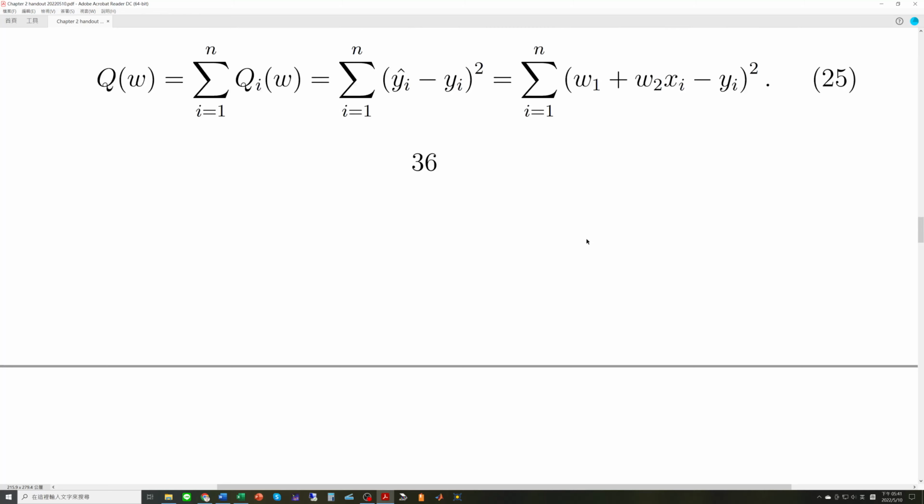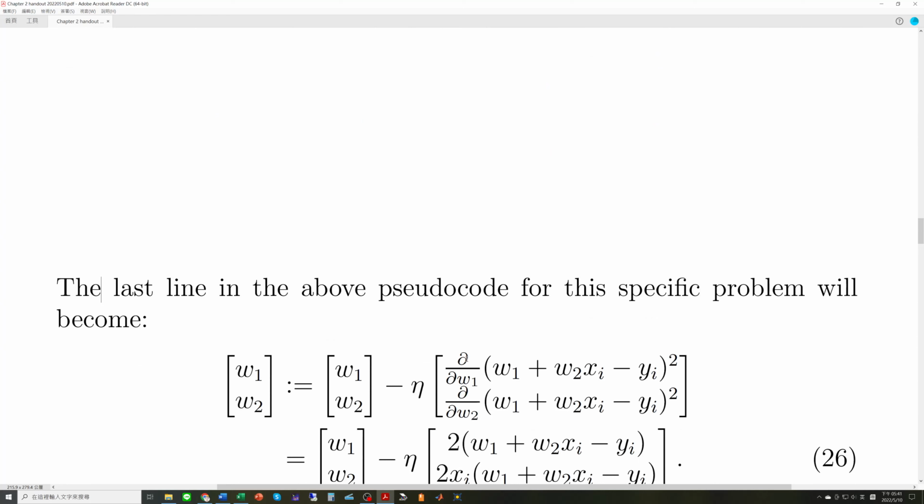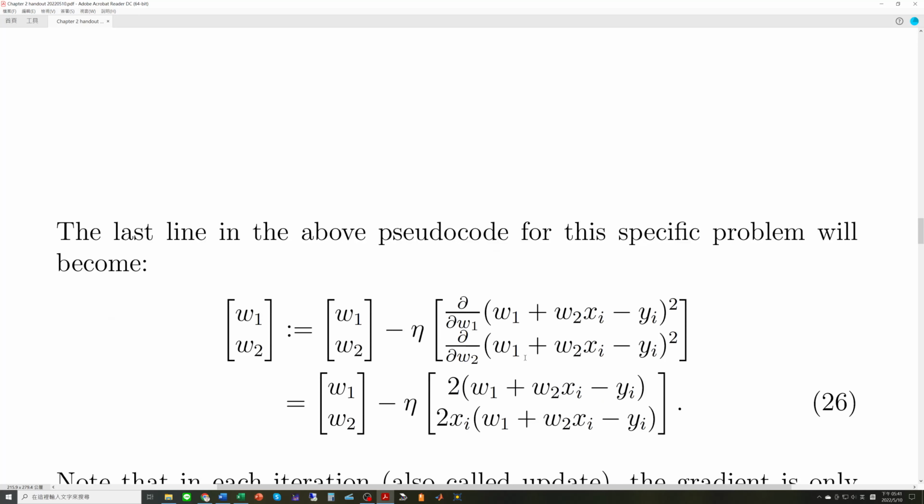So this should be the partial derivative over partial w1 of (w1 plus w2 times xi minus yi) squared, and the second element is the partial derivative over partial w2 of (w1 plus w2 xi minus yi) squared. For the first element, let us take the partial derivative with respect to w1.